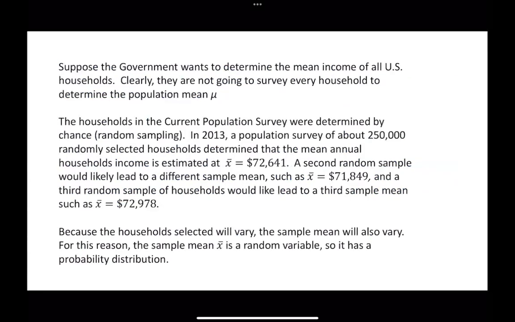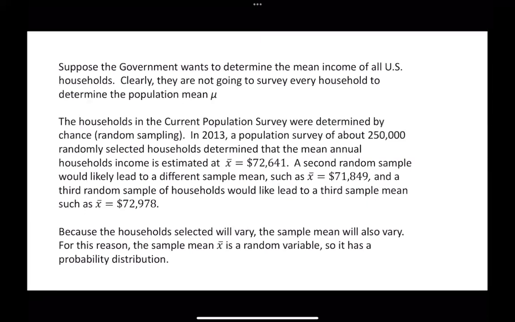Here's kind of an idea of what it is. The government wants to figure out the average income of all US households, and you can't survey every household in the US. That would be basically impossible. So what they do is they take a sample of 250,000 people, they randomly select them, and they find the average income of those 250,000 households.